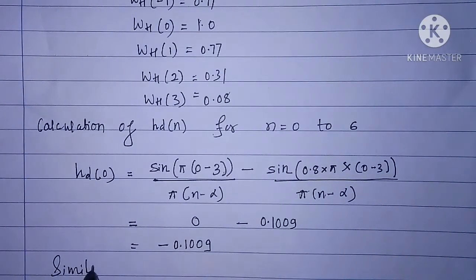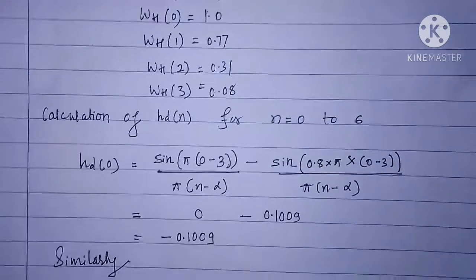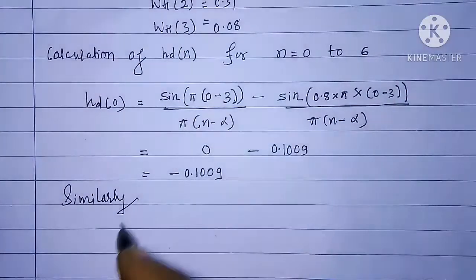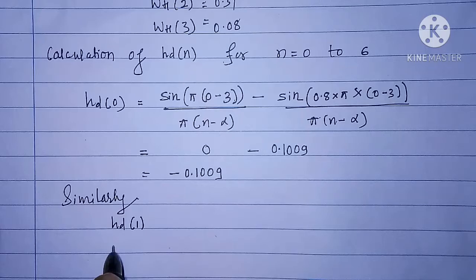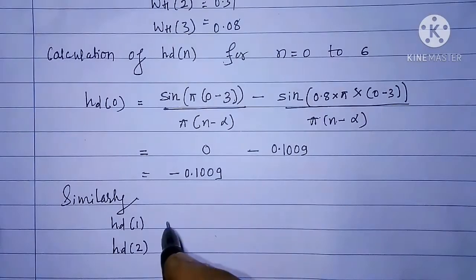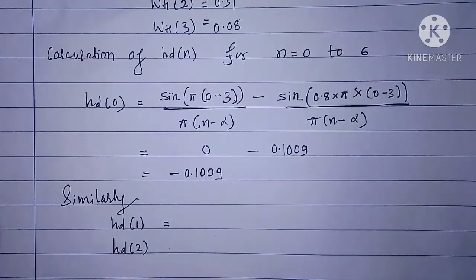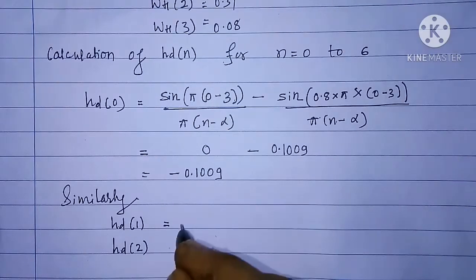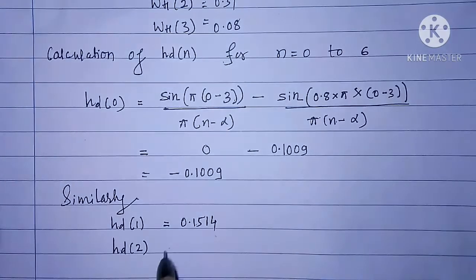Similarly, we have to calculate HD of 1, HD of 2, HD of 3 we have already calculated. So HD of 1 is equal to 0.1514 and HD of 2 is equal to minus 0.1871.